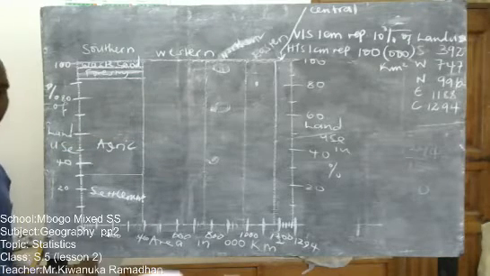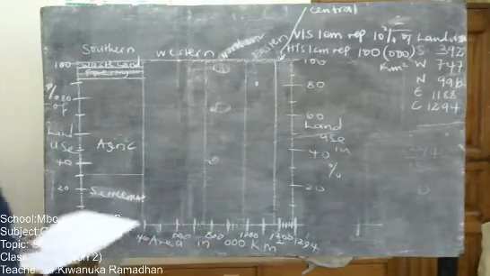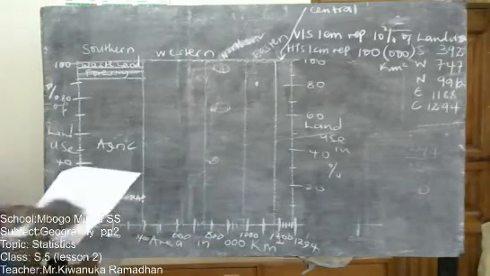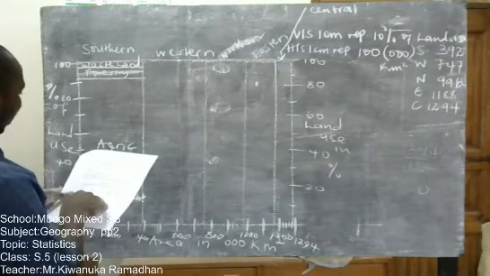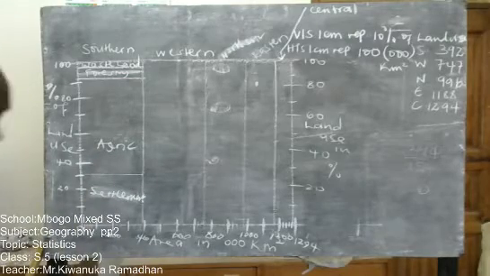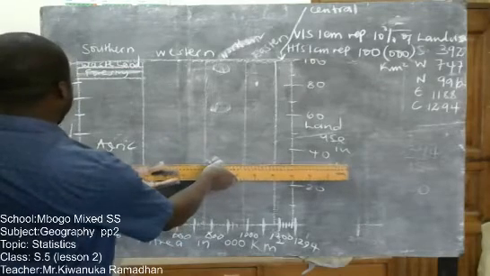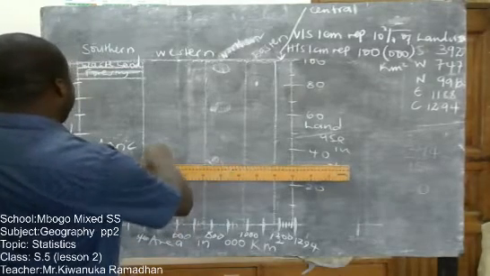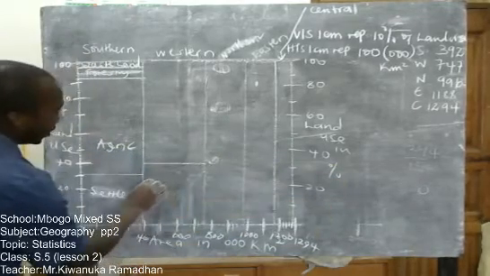Western, if you look at Western, settlement is 40. You look for 40. 40 is here.